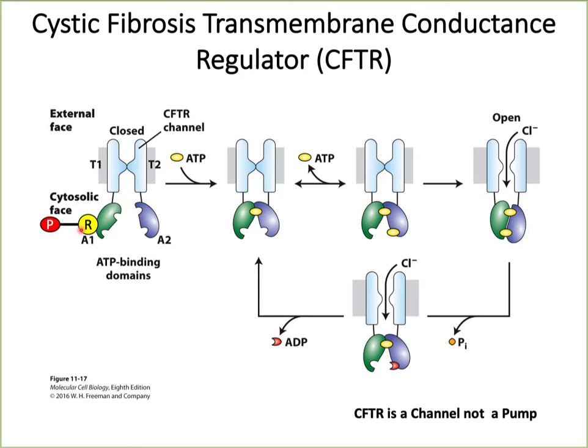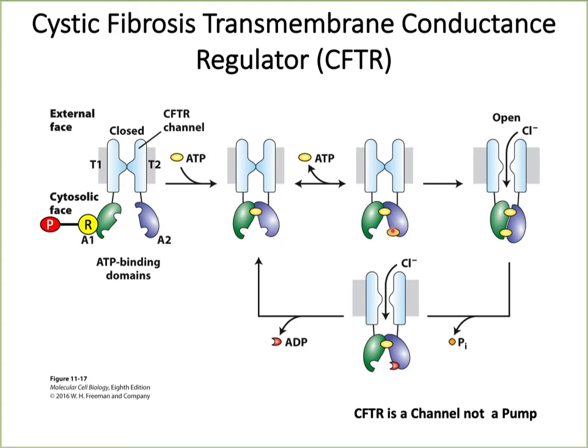The CFTR needs an additional regulatory domain on the cytosolic phase, the yellow R in the figure, and must be phosphorylated, shown as the red P, before the ATP is able to power the channel opening. So the R phosphorylation stimulates the tight binding of one ATP to the A1 domain.